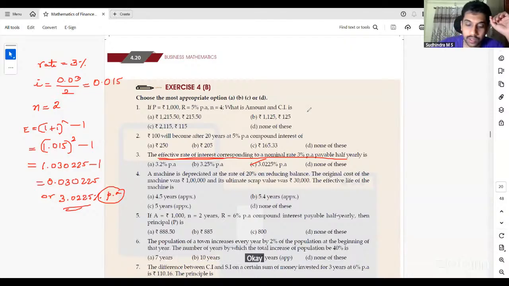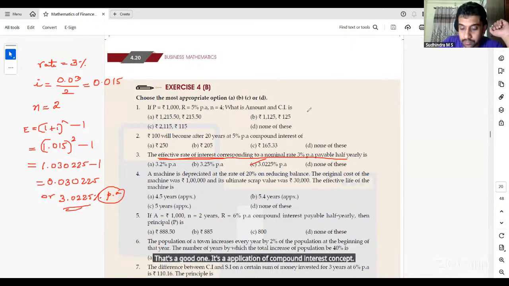Okay, sir. Can we look into question number 4? That's a good one. It's an application of compound interest concept. You would have learned this in accounting, but we are also learning this in mathematics now.